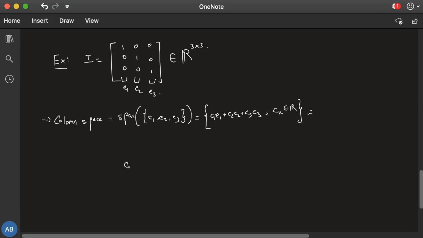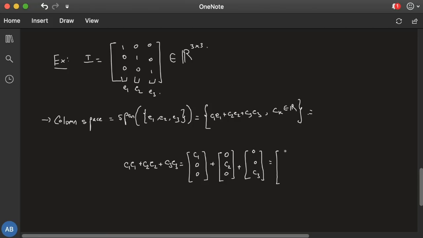How? Well, it is actually C1 times (1, 0, 0), since E1 is (1, 0, 0). Then C1 times 1 is C1, and C1 times 0 is 0. Likewise, C2E2 is (0, C2, 0), and C3E3 is (0, 0, C3). Right? This is equal to a vector containing C1, C2, and C3.